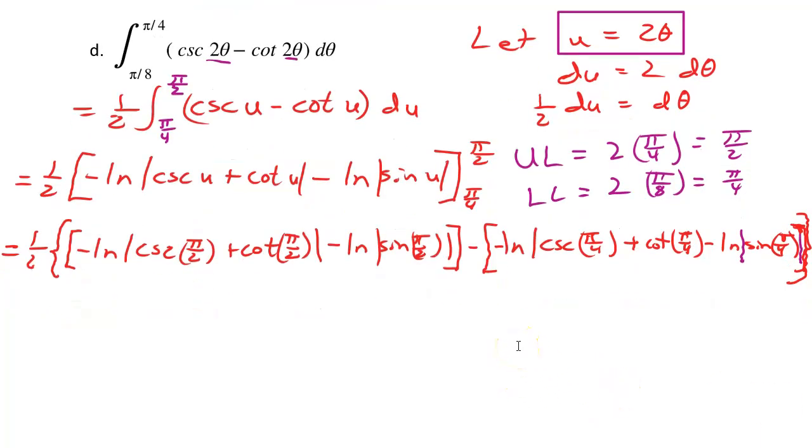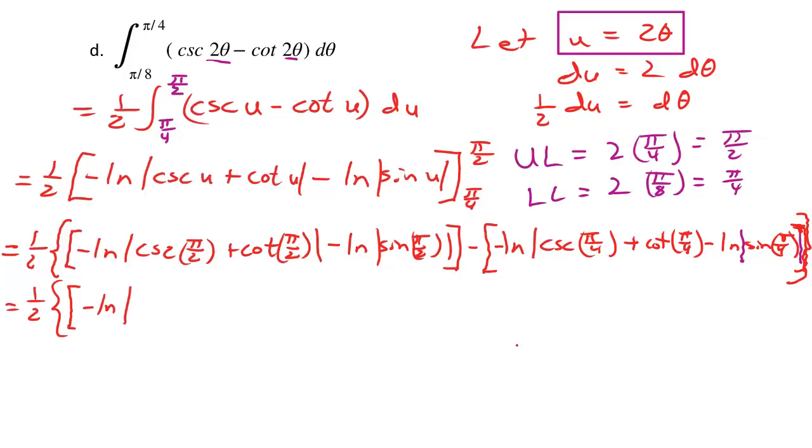All right, now we gotta somehow clean this up, which I think we can do. Don't do anything with the 1/2 yet, just keep it outside the braces. All right, let's do that first bracket. We have negative natural log of cosecant of pi over 2.